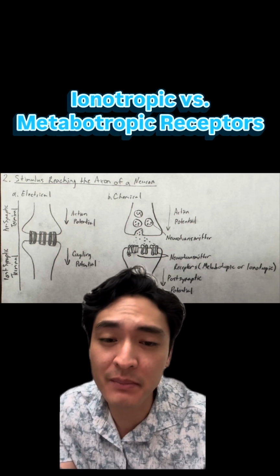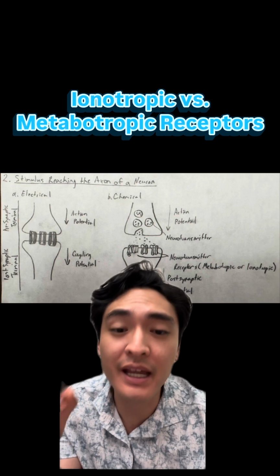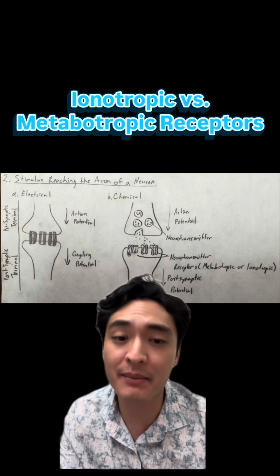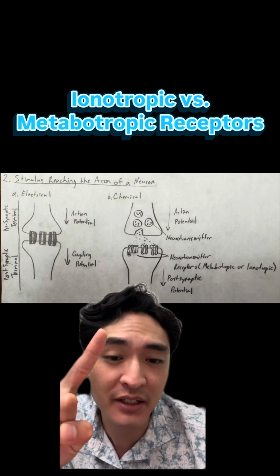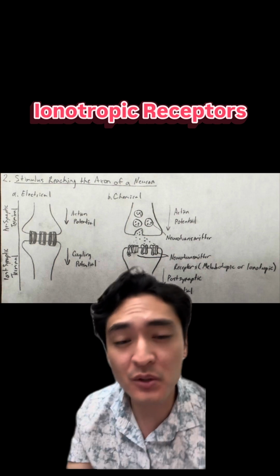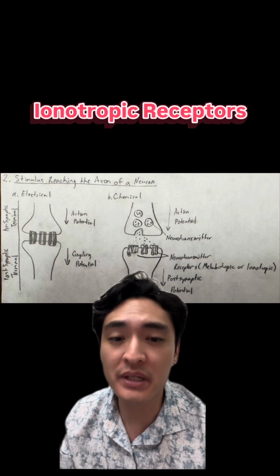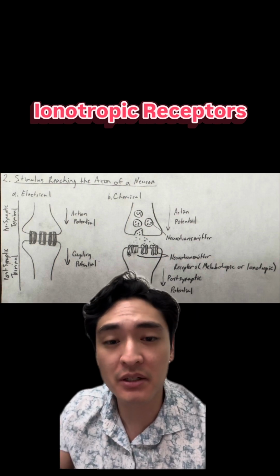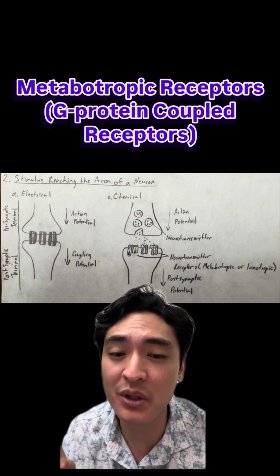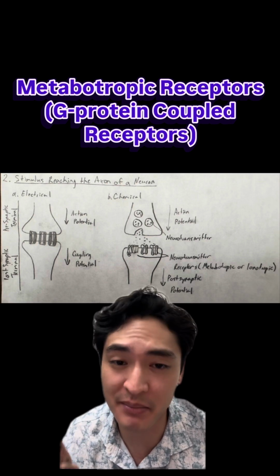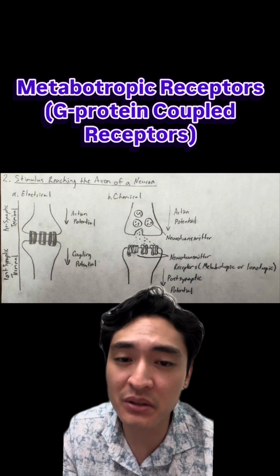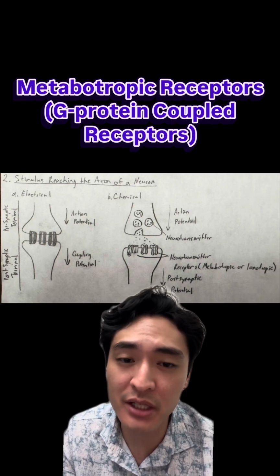These membrane-bound receptors are found in the dendrites of the next neuron, and they can be either ionotropic or metabotropic, as you can see in the diagram right here. The two receptors we have on the right there, those are the ionotropic receptors, and those are basically just ion channels that open in response to the neurotransmitter binding. On the left, however, we have the metabotropic receptor, which is also known as a G-protein coupled receptor. When neurotransmitters bind to the G-protein coupled receptors, it can also result in the opening or closing of ion channels.